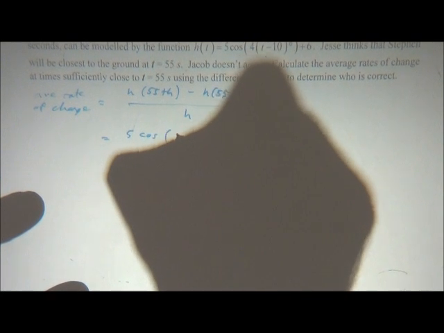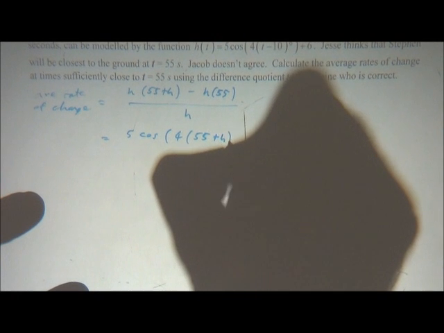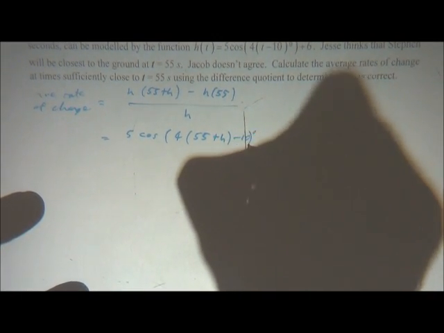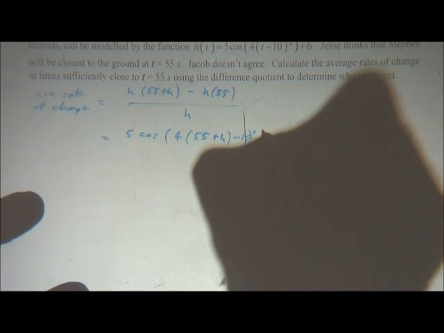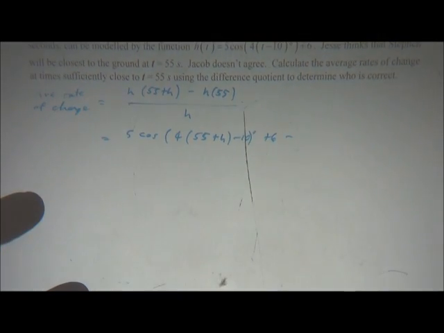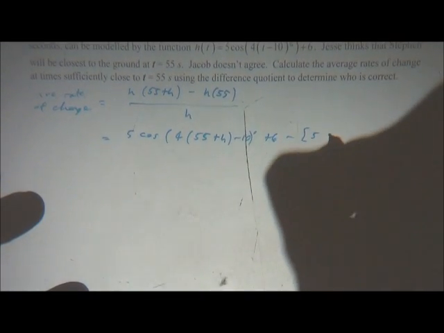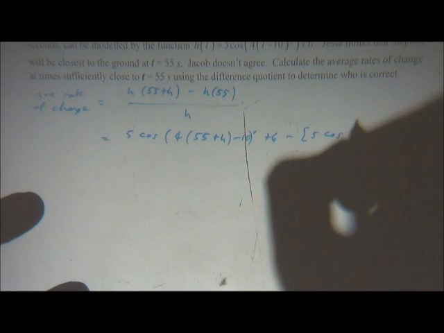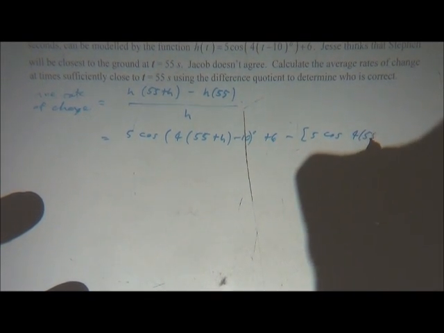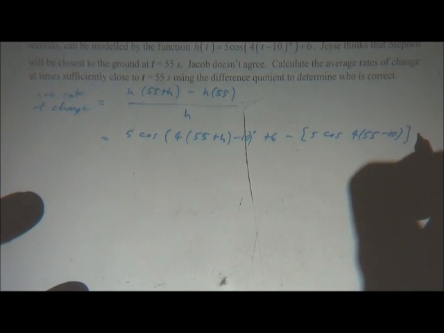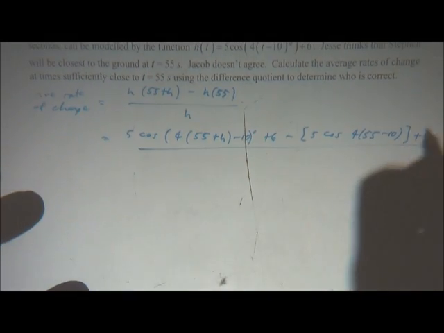And that then becomes 5 cos 4, and then instead of time, we're going to put 55 plus h minus 10 degrees plus 6, minus 5 times cos 4 times 55 minus 10 plus 6 all over h.